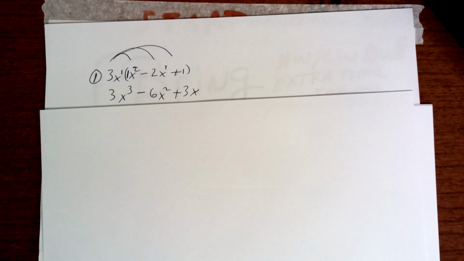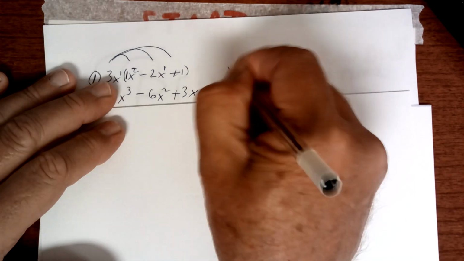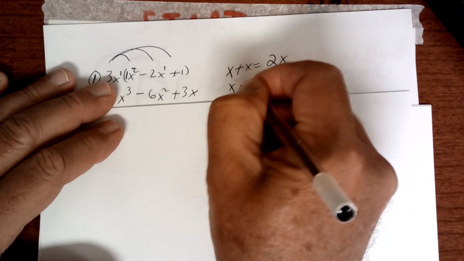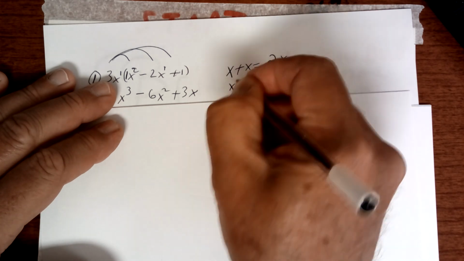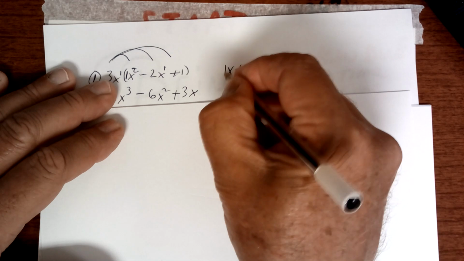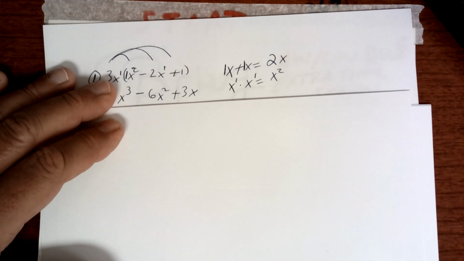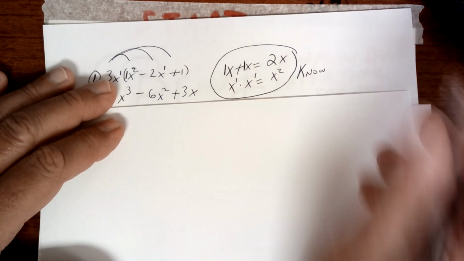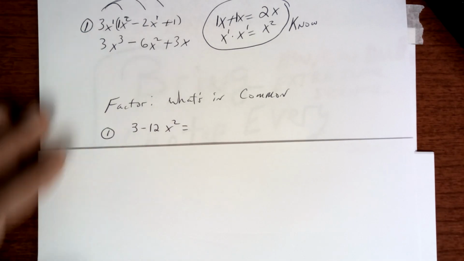Okay. Now write this down. X plus x is 2x. X times x is x squared because you have to add the exponents. Here, you add the coefficients. 2 different concepts. Make sure you know that. Okay? Now here we're doing what's in common.